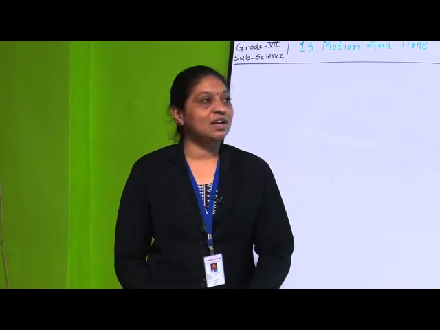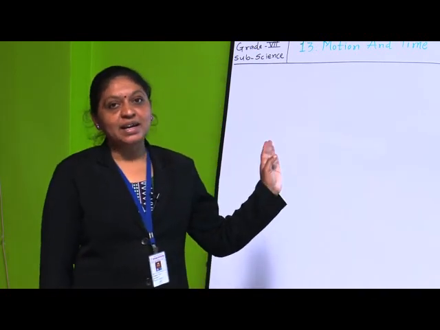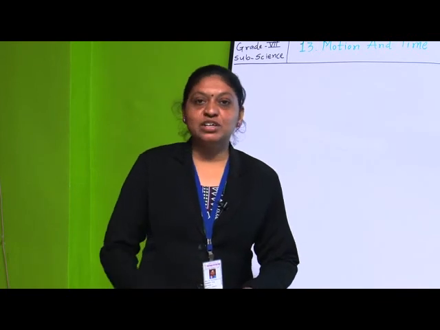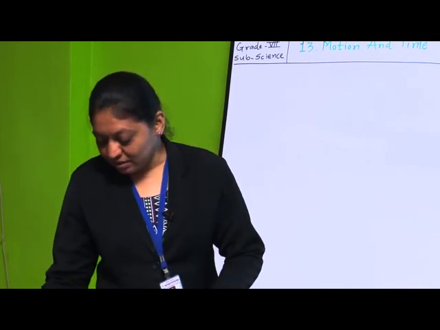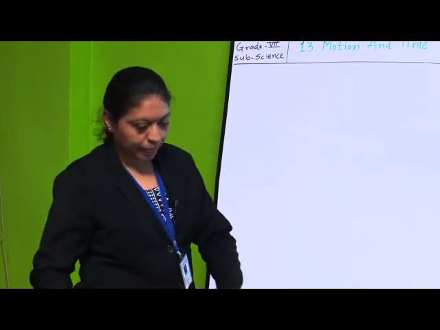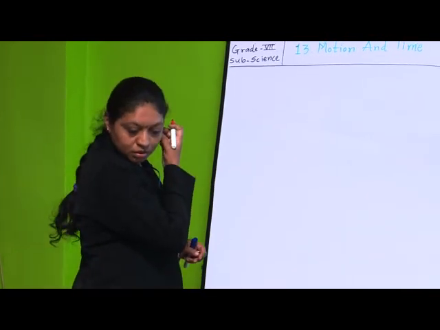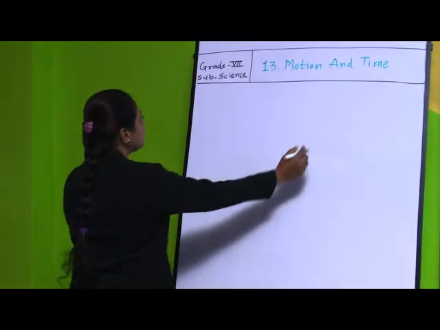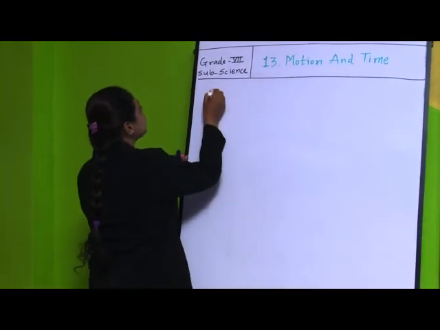So let us start lesson number 13, motion and time, and whatever part was remaining in our last session, we will discuss here. I will write the formula here first.